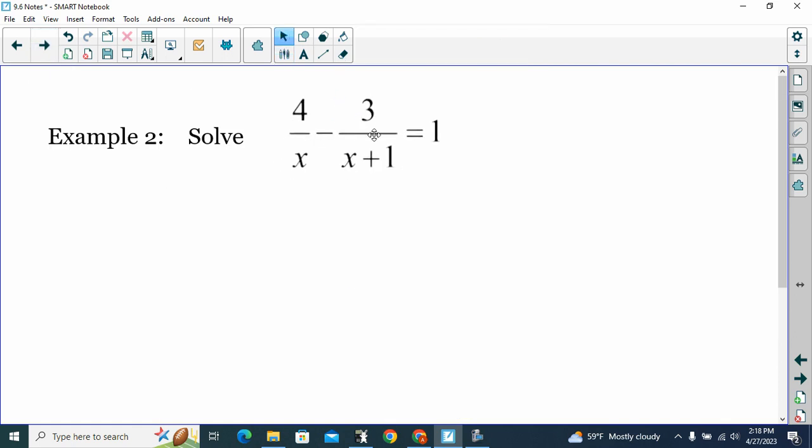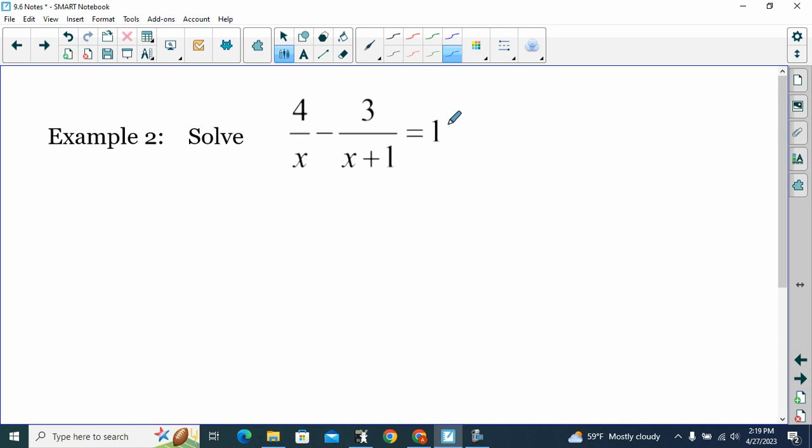Example 2 asks us to solve 4 over x minus 3 over x plus 1 is equal to 1. If we were doing the cross multiply method, notice we would have to simplify this first.